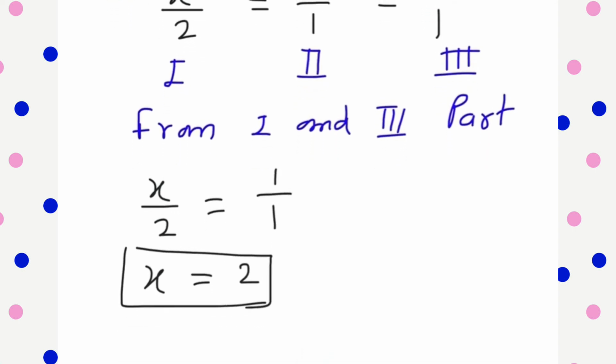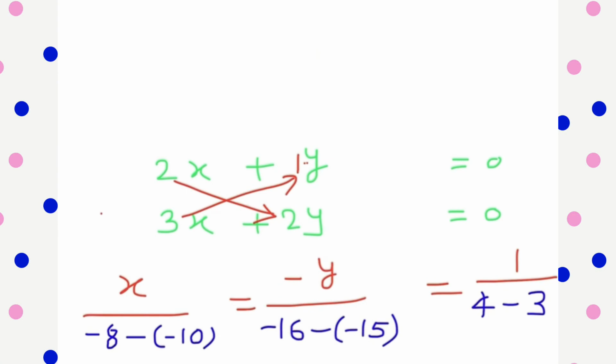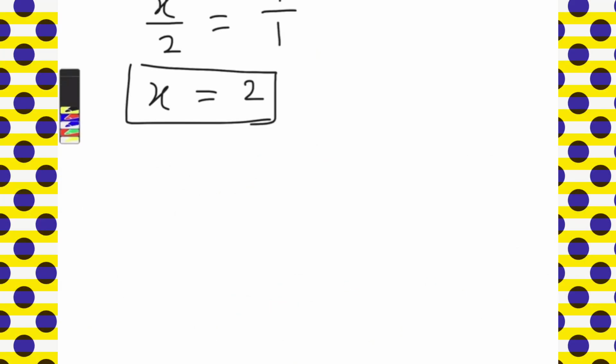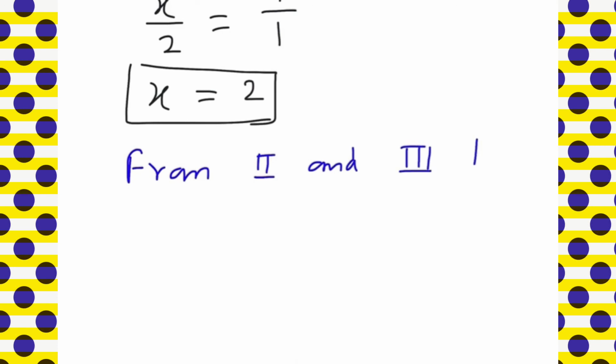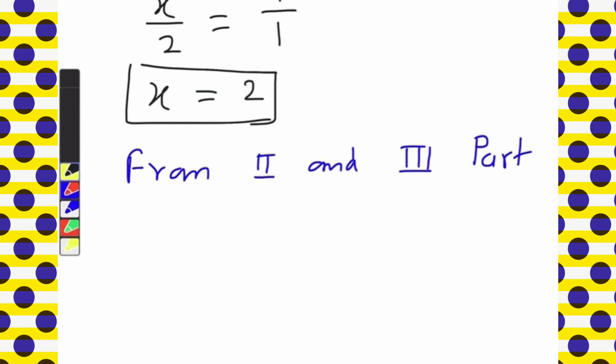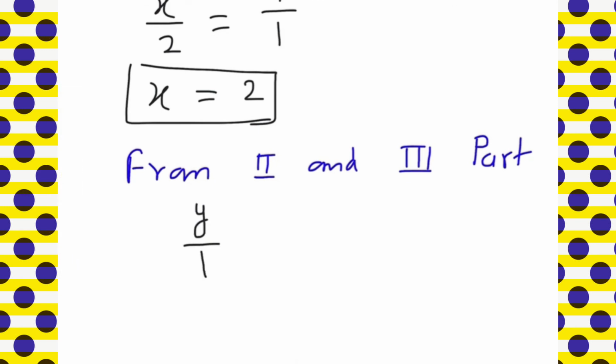Now again you will select the second and third part. You will get y upon 1 equal to 1 upon 1.